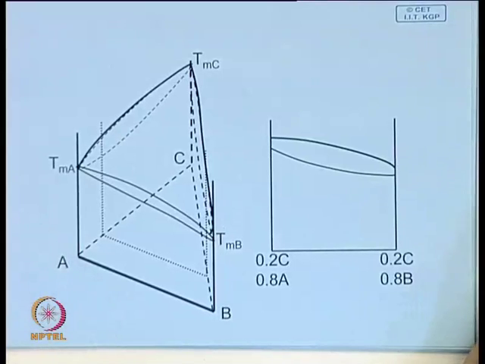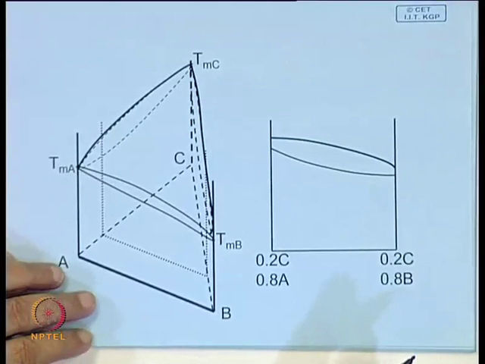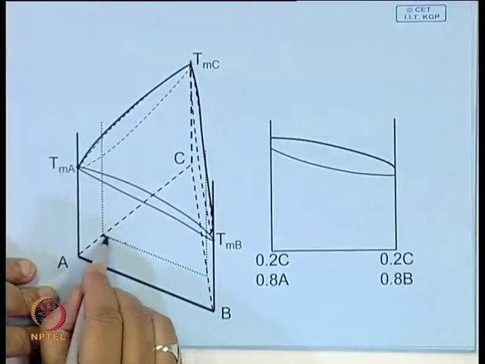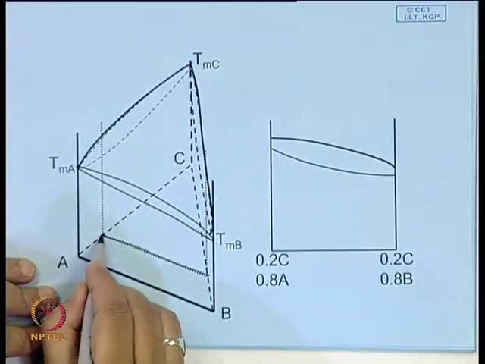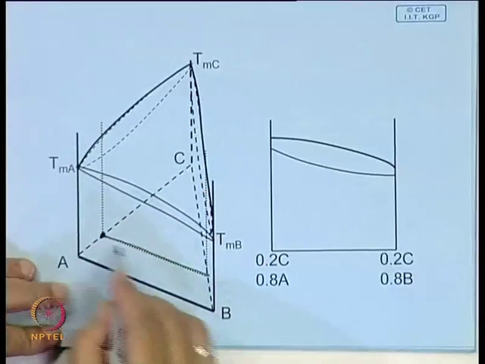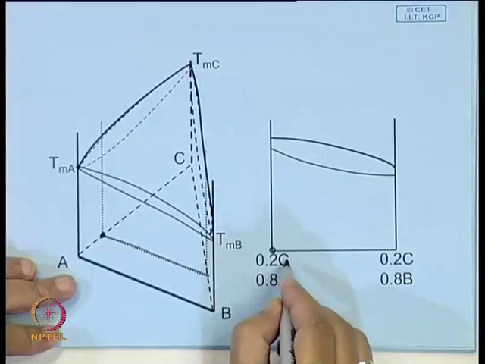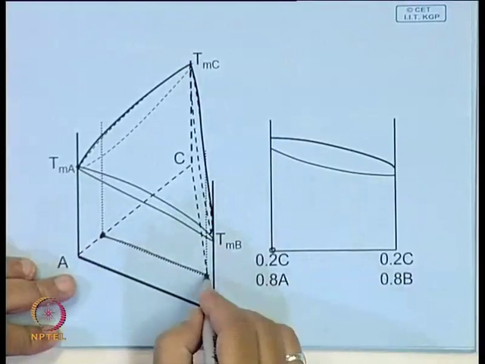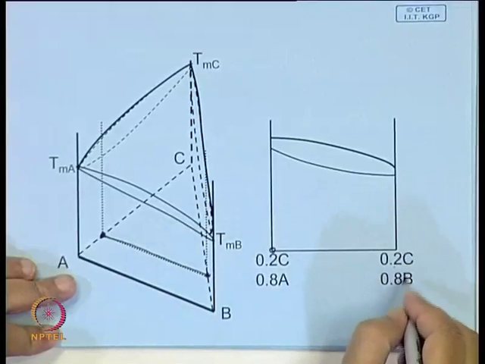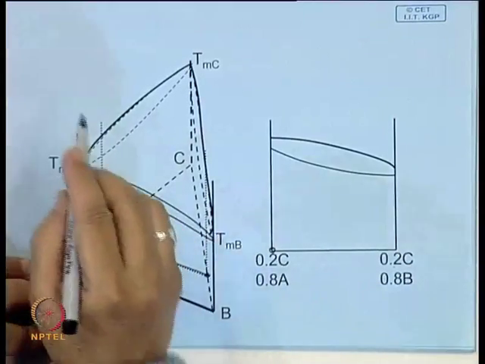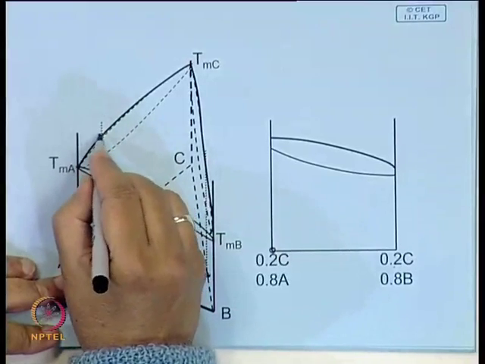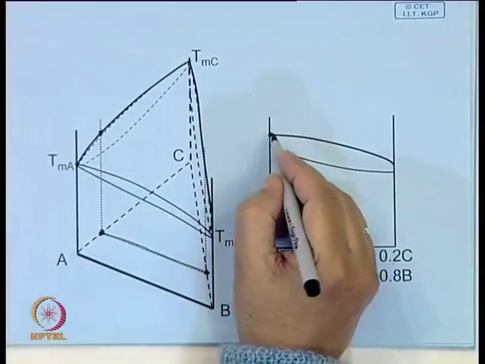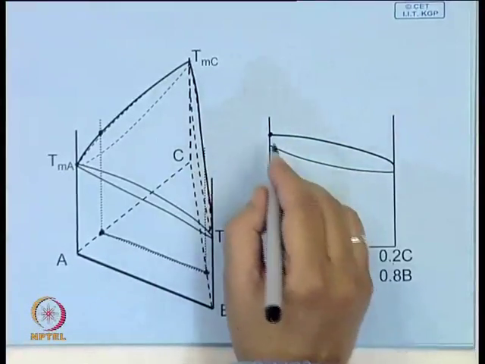Next, let us extend and see how the vertical section will look. In this diagram, think about a vertical plane which intersects the composition AC at this point, which is, let us say, 20% C, 80% A. Similarly, this point is 20% C, 80% B. If you construct this, you will see that at the highest temperature it intersects here, which is shown over here.